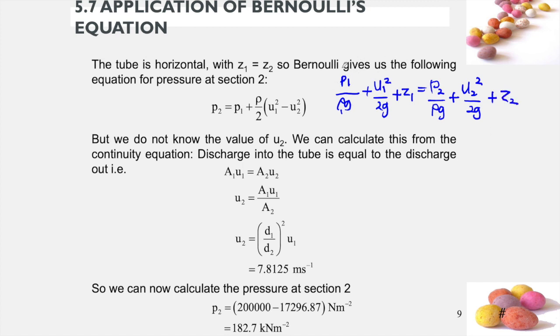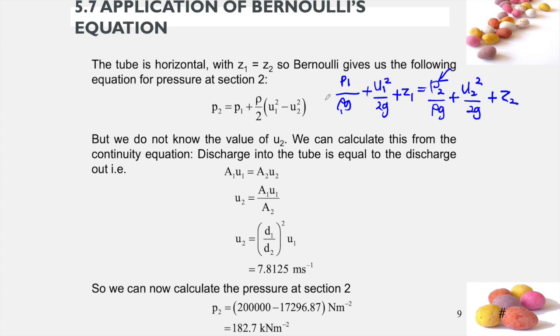So we have point 1 and point 2. Total energy at point 1 is equivalent to total energy at point 2. Now, we're focusing more on the question. We have to find the pressure at 2. But before that, we have to look at the terms one by one.